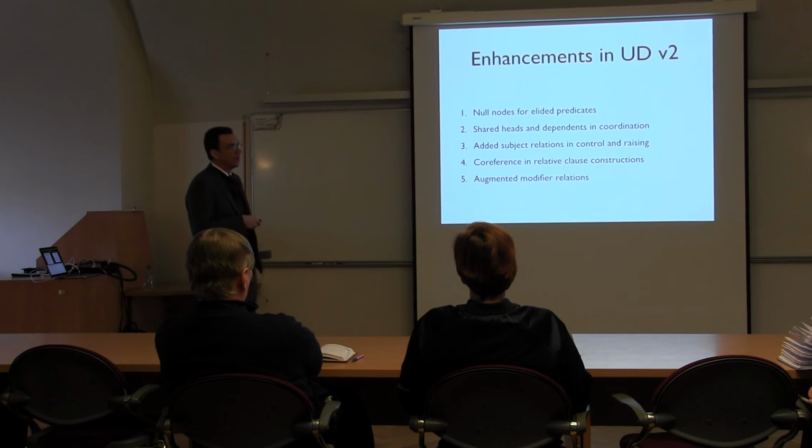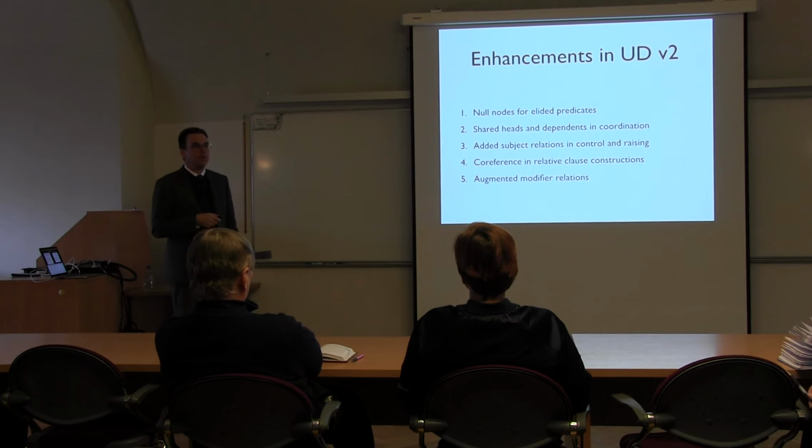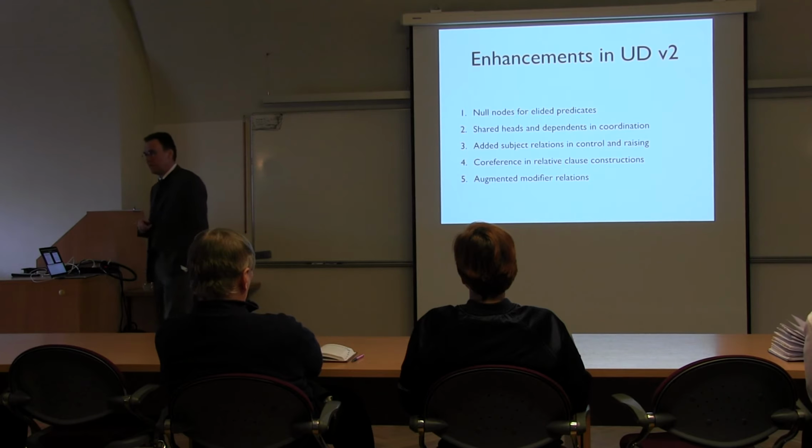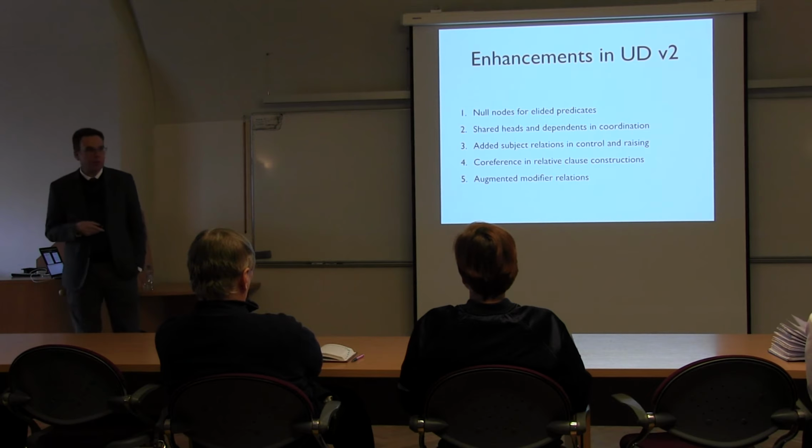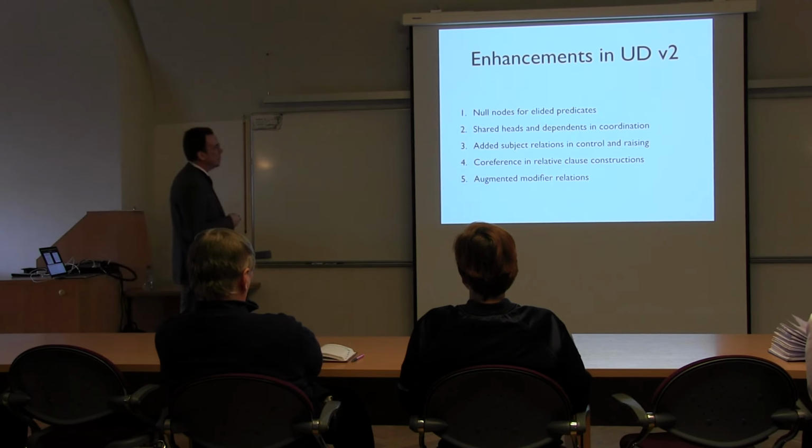In the current version of UD, which is version 2, you can refer to the guidelines, there are 5 types of enhancements that are described, and they are somewhat optional so that you can decide which ones you want to implement, but these are the ones that are, in some sense, part of the current standard.